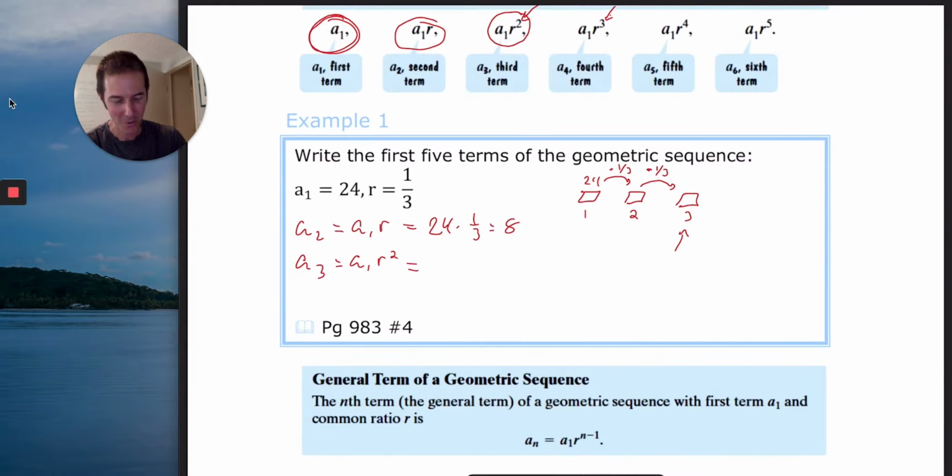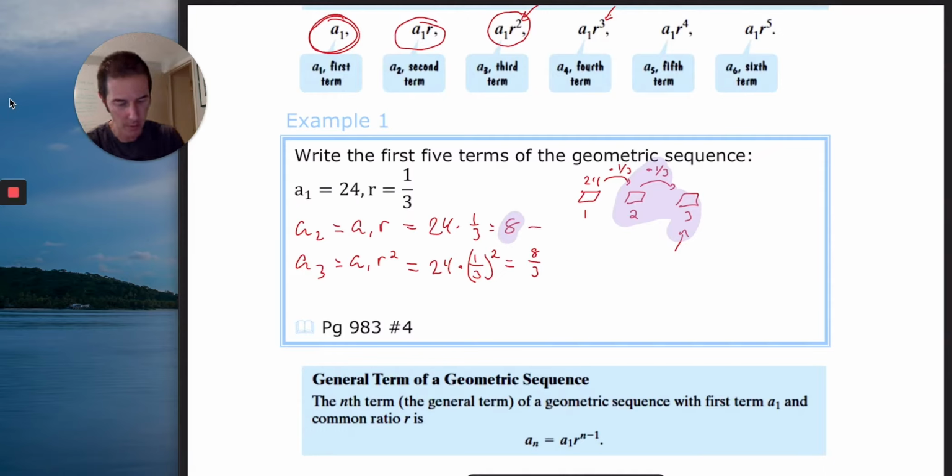Okay, so here I was saying there are a couple of different ways to get there. We can definitely multiply by 1/3, the common ratio, 2 times, and after reducing we'll get 8/3. But remember that, as I depicted so beautifully up here, in order to get from step number 2, which was the 8, to the third step, all we have to do is multiply by our common ratio 1 more time.